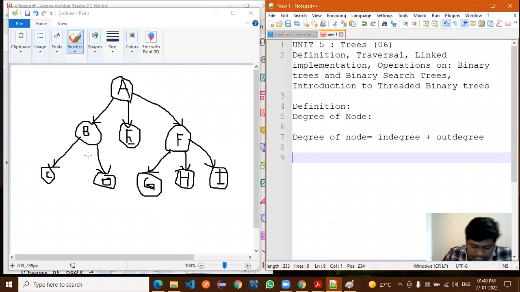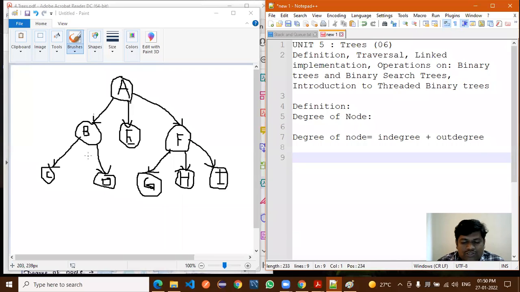Now whose in degree is always 0? Root node. This question can be asked in an MCQ.